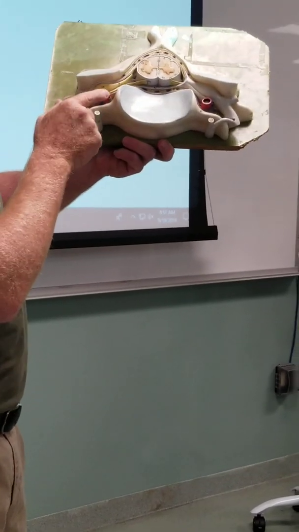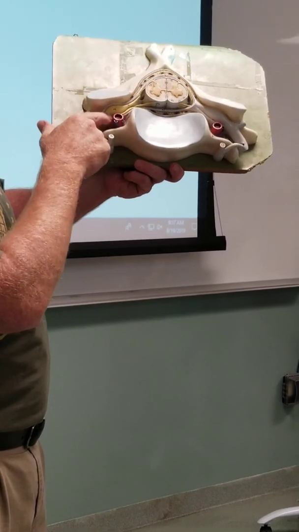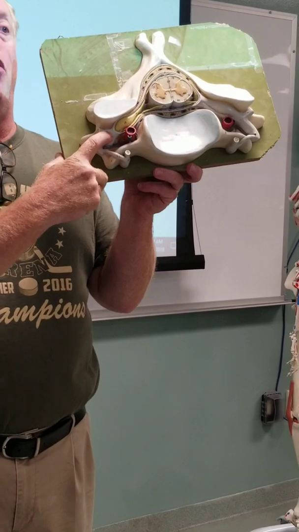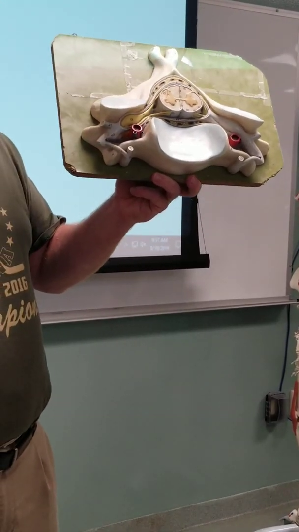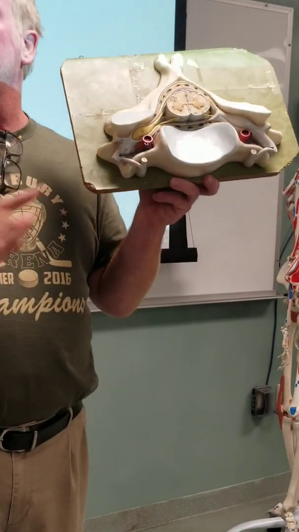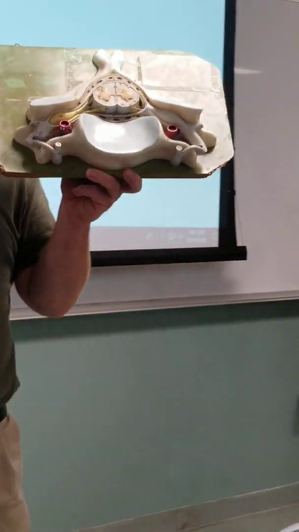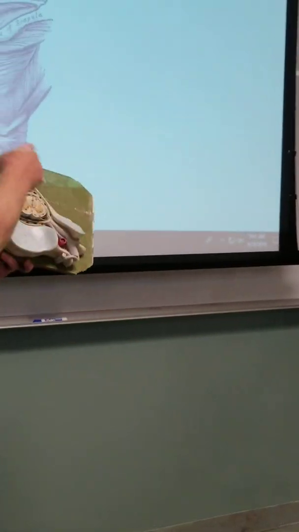And after the dorsal root and ventral root come together, it's referred to as a common spinal nerve. Common spinal nerve. And then the common spinal nerve is going to divide up into a dorsal ramus and a ventral ramus.